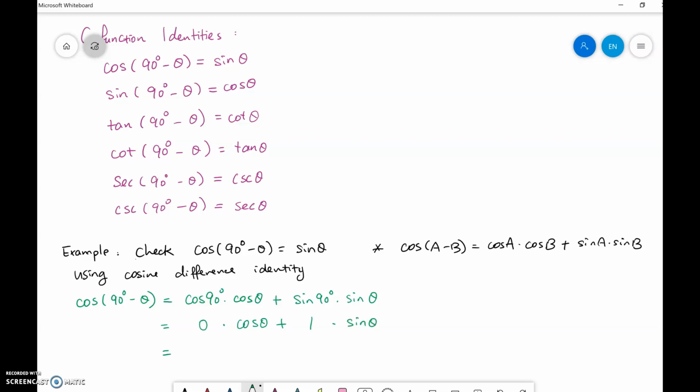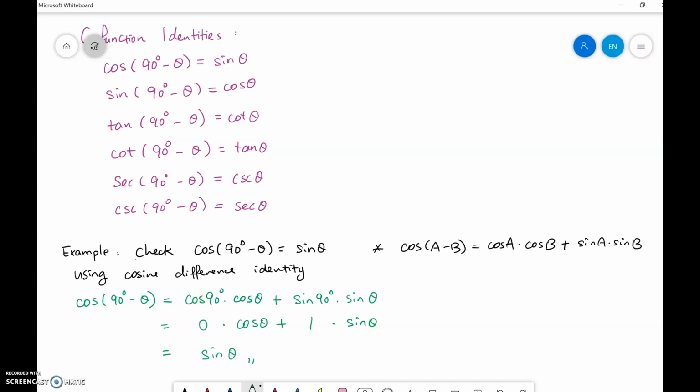So at the end, after simplifying, I just get sine of theta. So yes, I can use one identity to prove the other one, and I actually just showed it here.